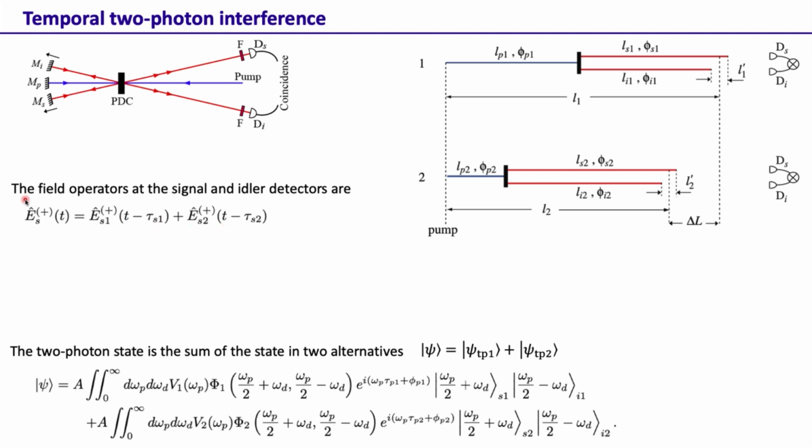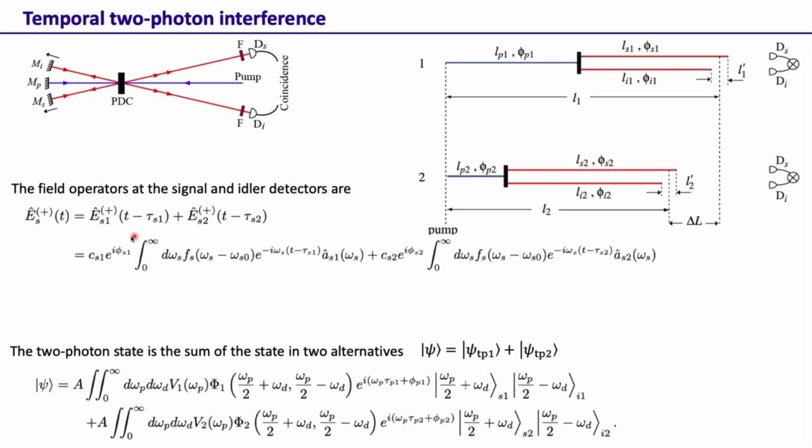This is also very similar to how we added the fields when we did the Michelson interferometer, the one-photon interferometer, where the field at the detector was the sum of the fields at two different times in the past. So that's the field operator at the signal, and this field in alternatives 1 and 2 we can expand like this.